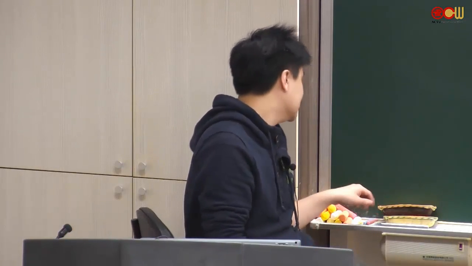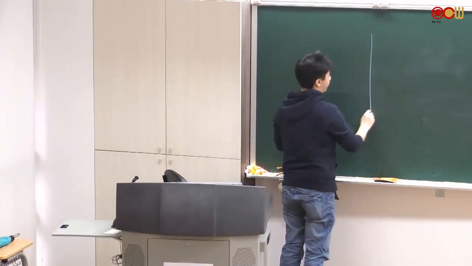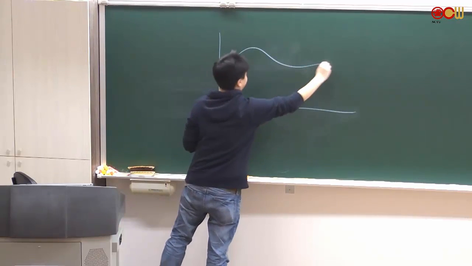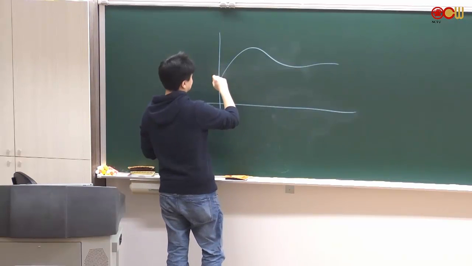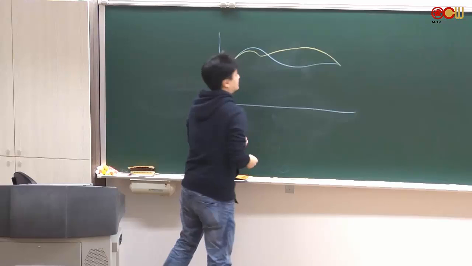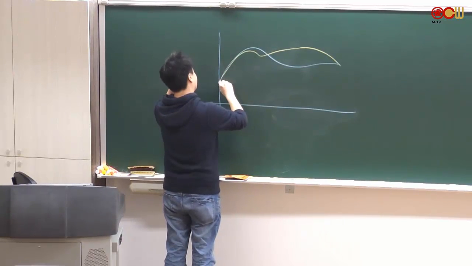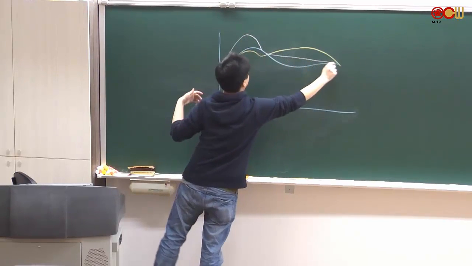So what does that mean? Difference spectrum, what does it mean? Let's say I have one spectrum that looks like that, and I have another spectrum that looks like this. The resulting spectrum will look like that.